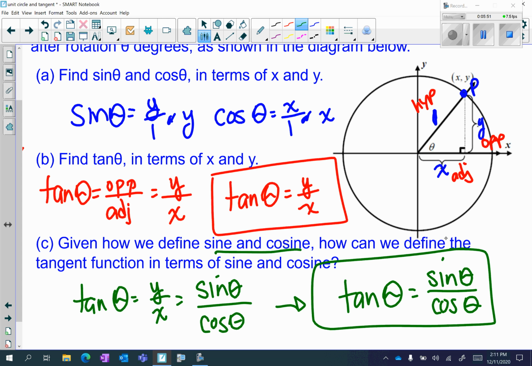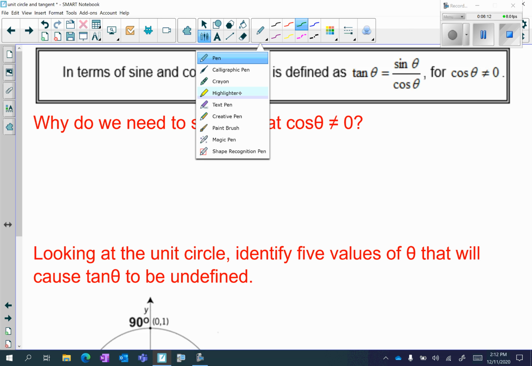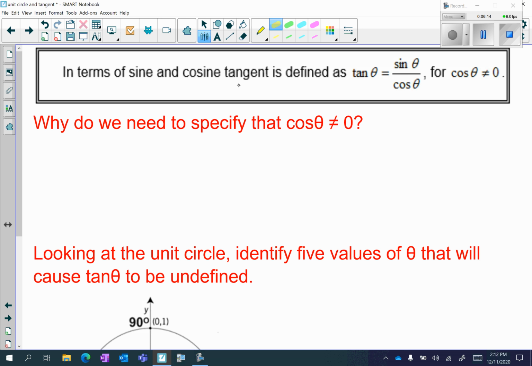We can define it on the unit circle as y over x, or we can define it in terms of the other trig functions as sine over cosine. Now, if you look at the definition that's here, it says, in terms of sine and cosine, tangent is defined as tan theta equals sine theta over cosine theta, which we just said, but now there's this stipulation. It says for cosine theta does not equal 0. Why do I need to do that? Well, cosine theta is in the denominator of tangent.